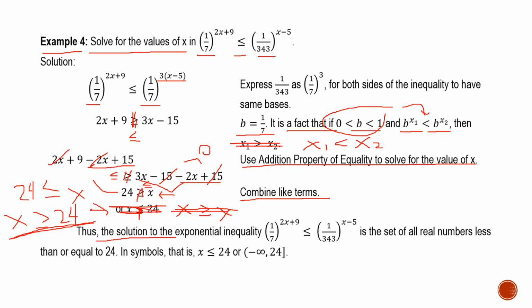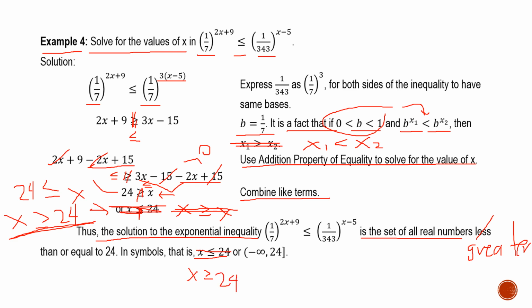Thus the solution to the exponential inequality 1 over 7 raised to 2x plus 9 is less than or equal to 1 over 343 raised to x minus 5 is the set of all real numbers that is greater than or equal to 24. In symbols, there's still a typographical error here; that will be x greater than or equal to 24.